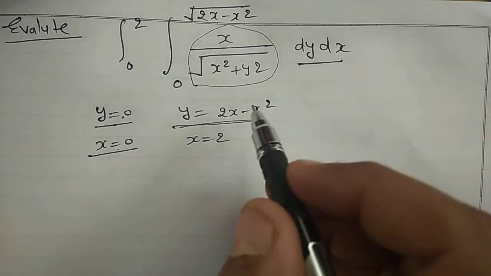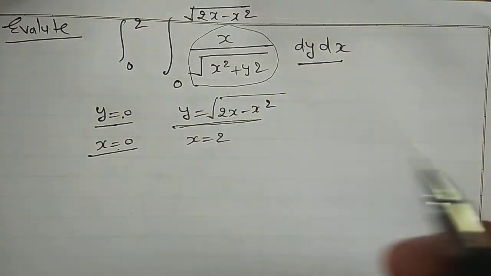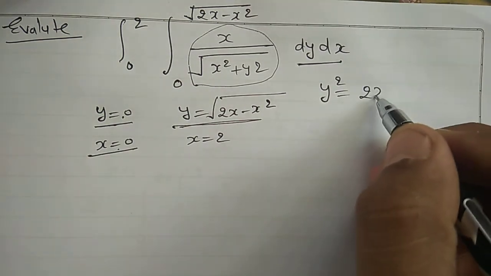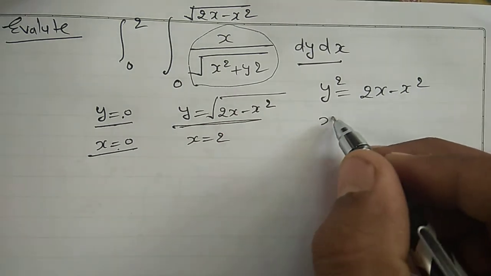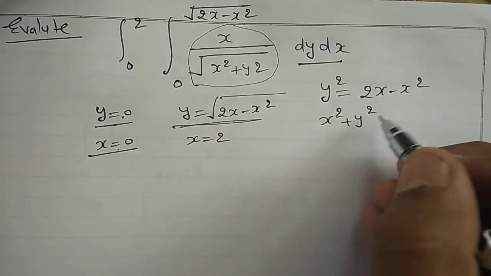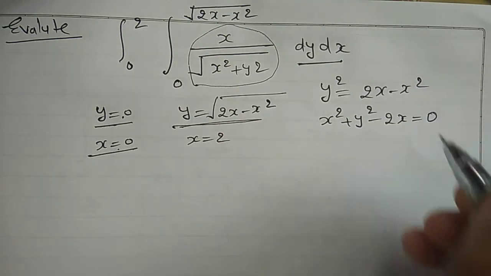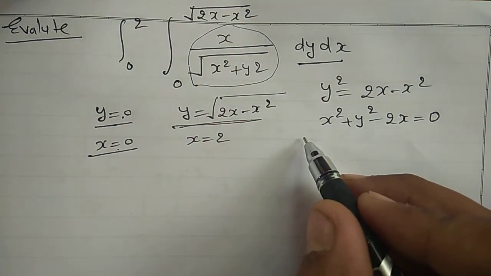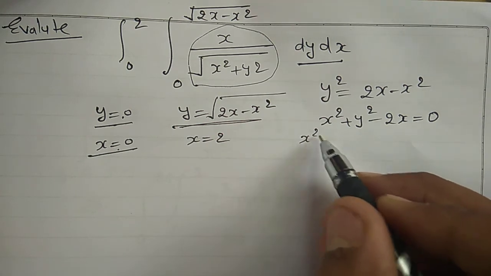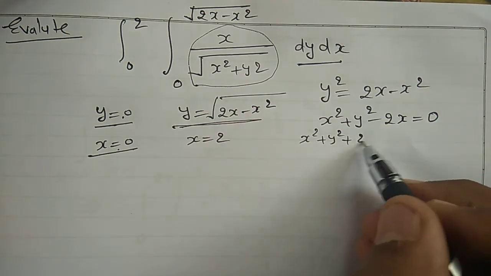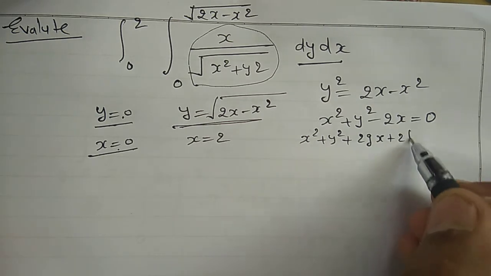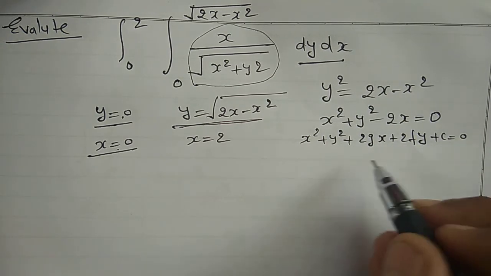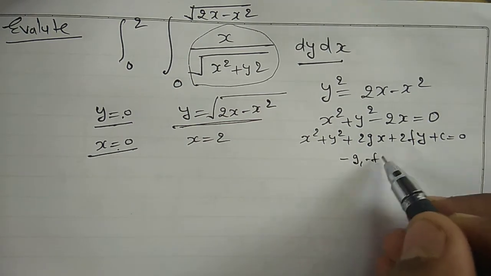This is the under root, right? If you take y square equal to 2x minus x square, then x square plus y square minus 2x equal to 0. So this is the equation of a circle. The standard equation of a circle is x square plus y square plus 2gx plus 2fy plus c equal to 0, and minus g, minus f is the center.